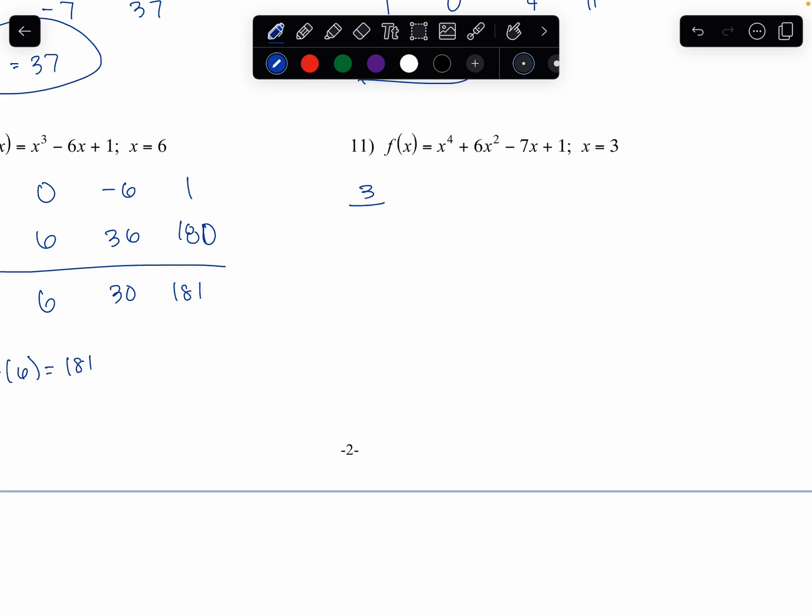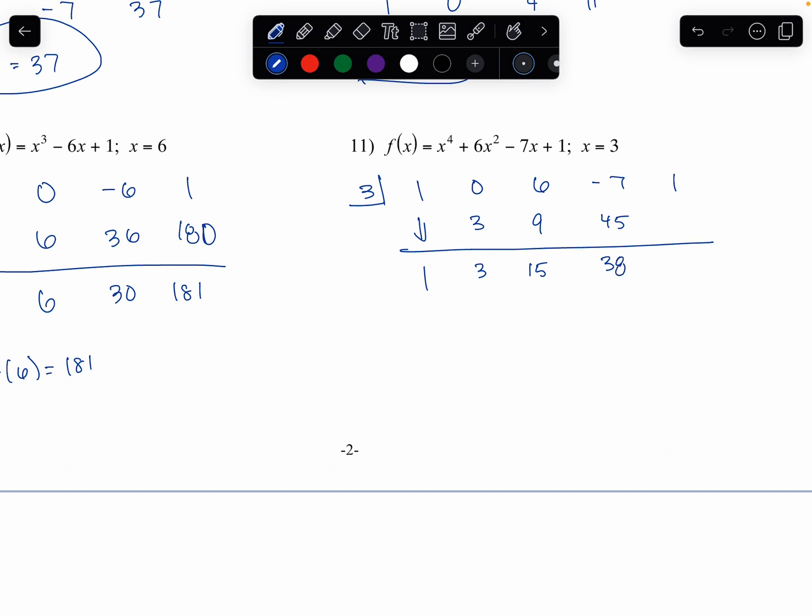Okay, and then last but not least, we have the 3. We have 1, 0, 6, negative 7, and 1. The 0 is the placeholder for the x cubed term. Drop the 1. 1 times 3 is 3. Add those together, we get 3. 3 times 3 is 9. 9 and 6 added together is 15. 15 times 3 is 45. 45 minus 7 is 38.